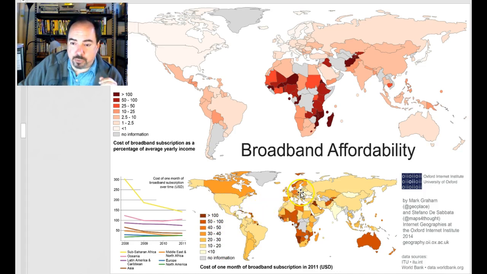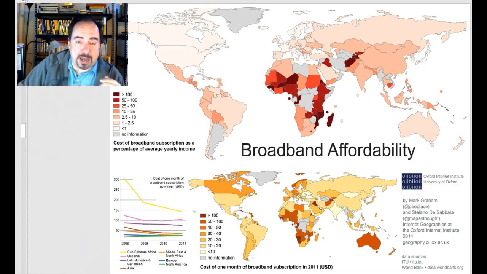So notice that it's more expensive in parts of Europe. In fact, more expensive in Germany, which is a little odd to me. More expensive in certainly parts of Africa and the Middle East. Is it right? Is it fair? Is it just? No. It's just the way it is.